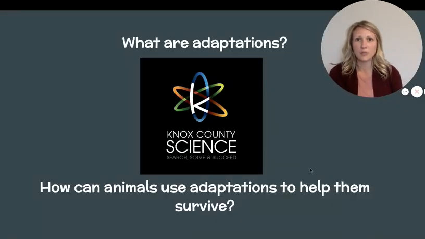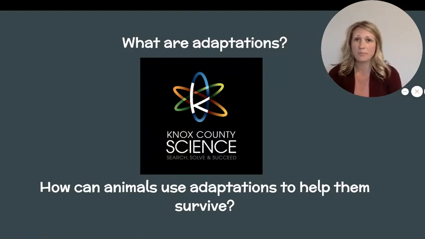So let's review. What are adaptations? Adaptations are a structure or behavior that helps an organism survive in its environment. Many animals and plants have adaptations that they use for survival in their environment. Animals and plants use a structure or behavior that will help them to survive in a specific habitat.